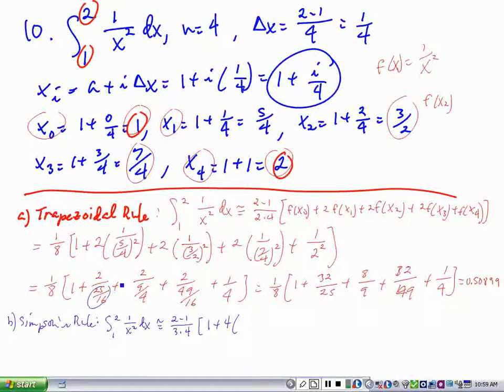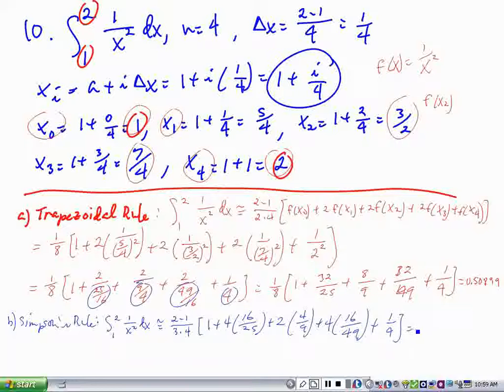So we can borrow these terms here. So this is 4 times 16 over 25 plus 2 times 4 over 9 plus 4 times 16 over 49, and then plus the last term, which is just 1 over 2 squared, 1/4.